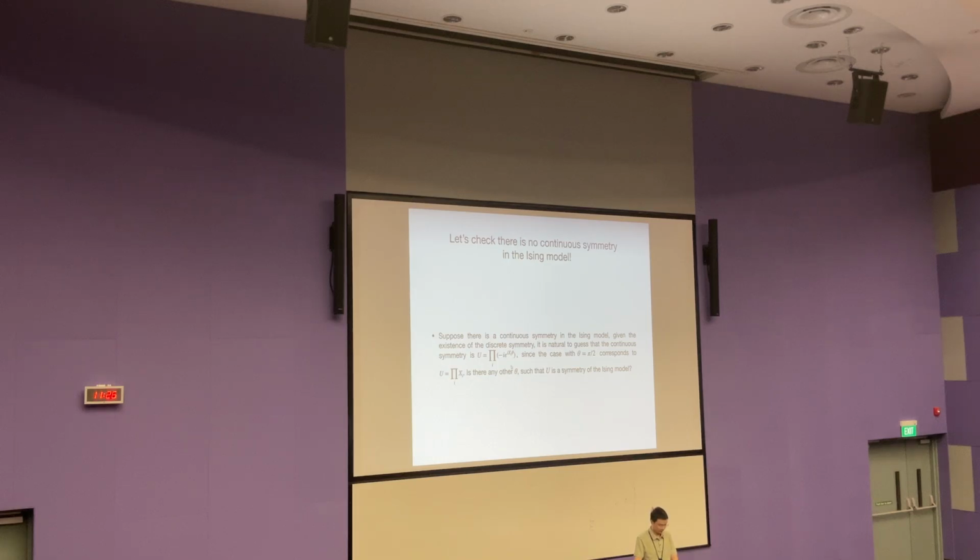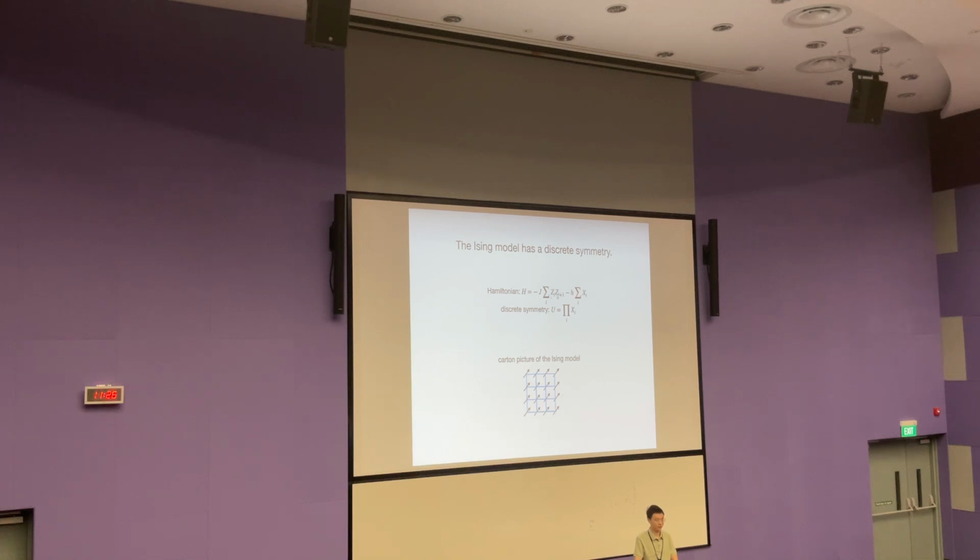It's easy to check. If we consider this kind of general operation, where theta can take continuous values, then usually this is not a symmetry. Because if we act it on this Hamiltonian, although the second term doesn't change, the first term, the Z, will become some combination of Z plus Y, right?